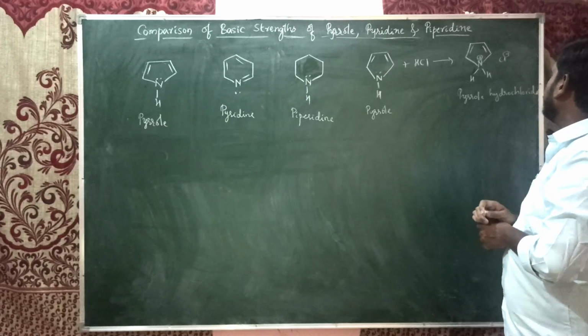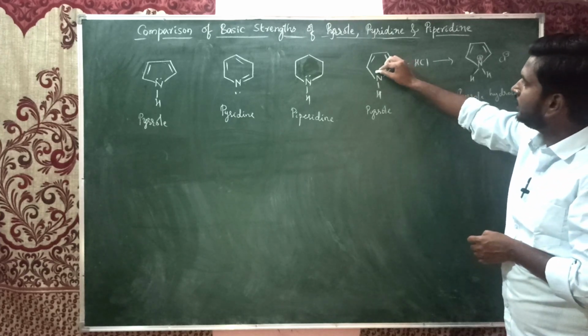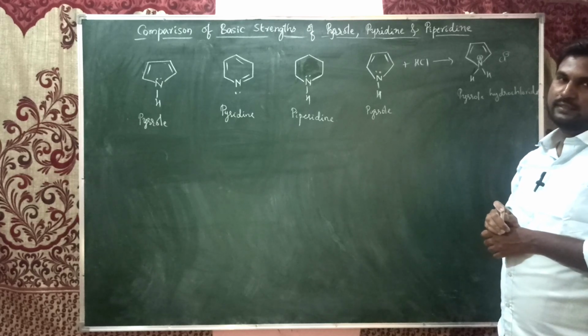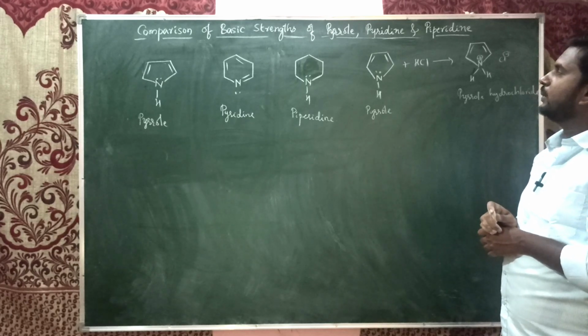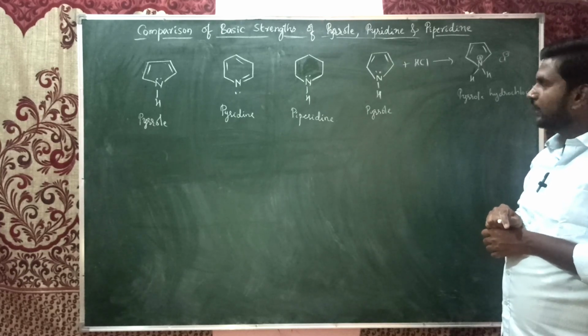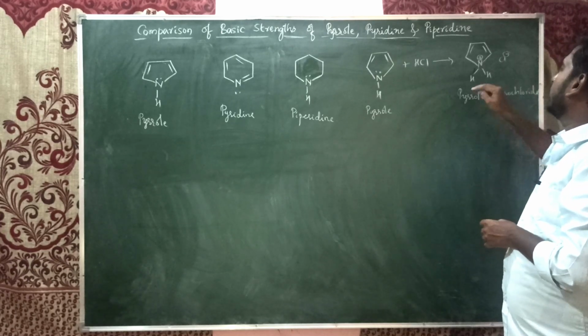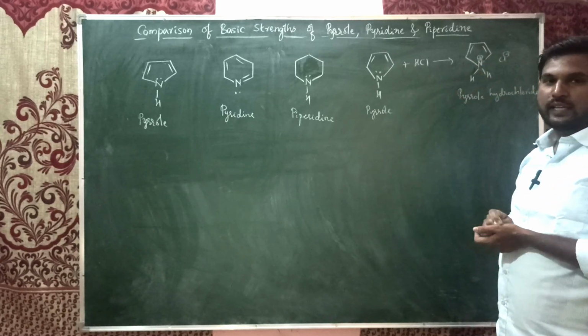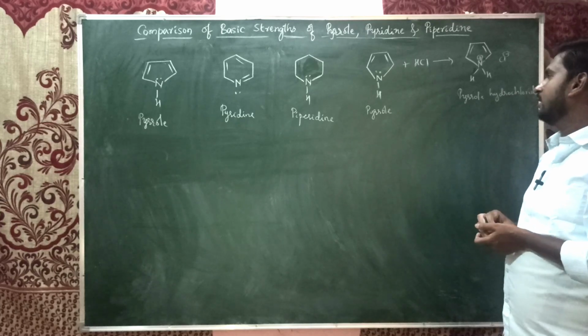The one thing you should know here is that these electrons are involved in aromaticity. They form the aromatic sextet, delocalizing electrons inside the ring. But here those electrons have gone because the proton has been accepted by the nitrogen.